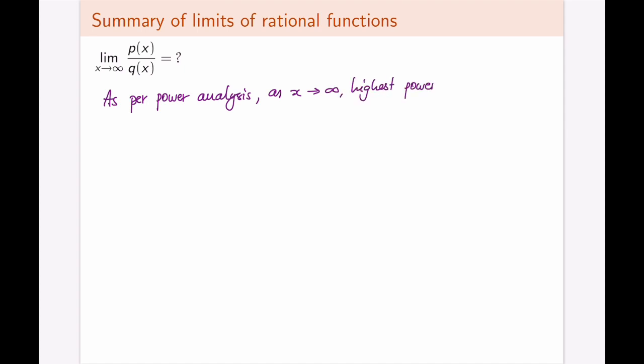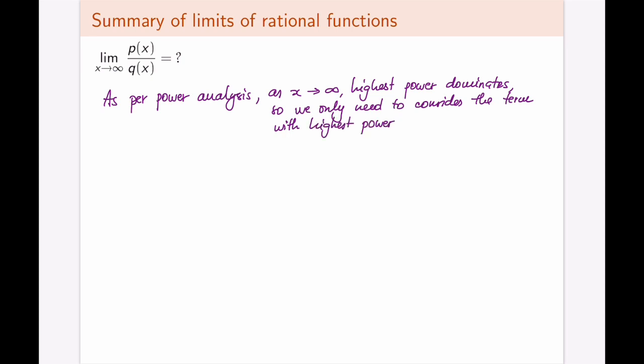And therefore, it's the only power that is going to remain in my consideration. So we only need to consider the term of the highest power on the top and on the bottom.